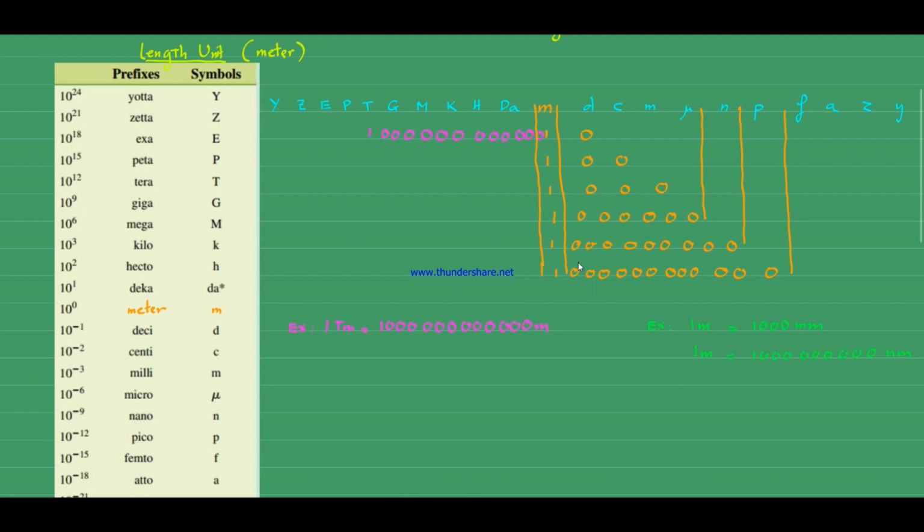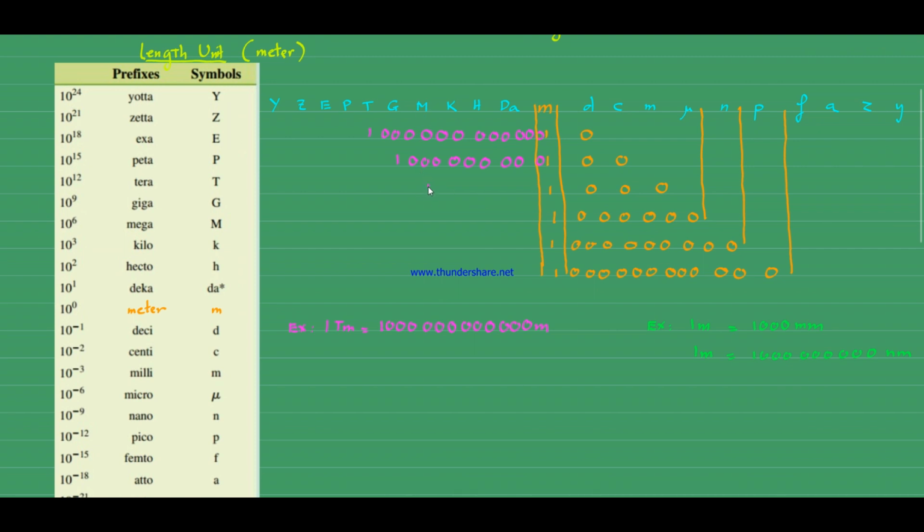Okay, and 1 giga is a billion. So 1, 2, 3, 4, 5, 6, 7, 8, 9. It's 1 billion. And 1 mega is the next column.